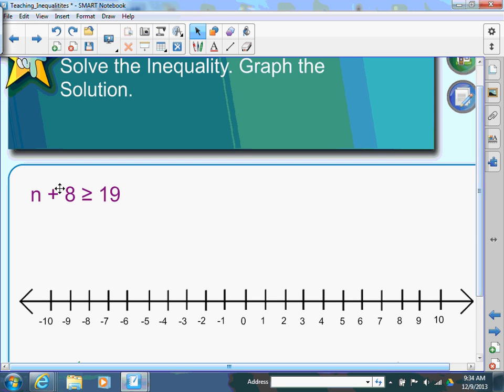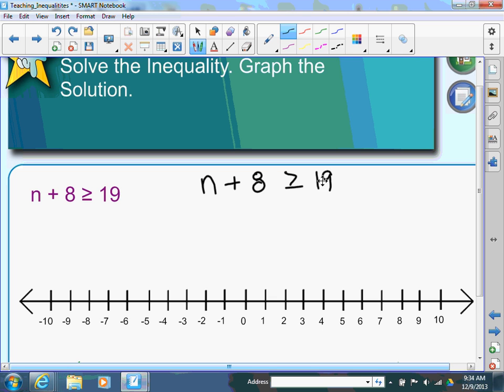All right. You saw this on your paper. N plus 8 is greater than or equal to 19. Is there a negative sign with the variable? Nope, so we don't have to worry about flipping the symbol.